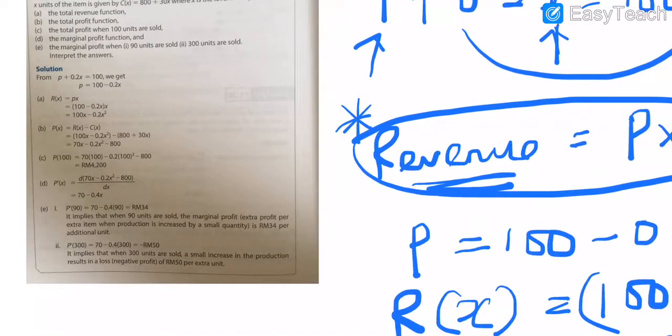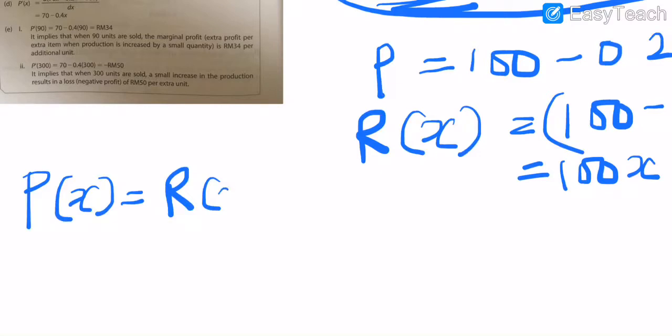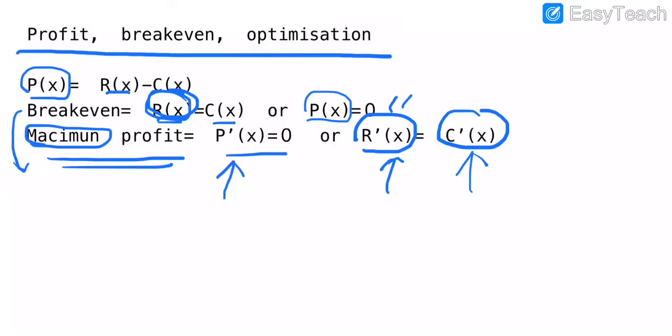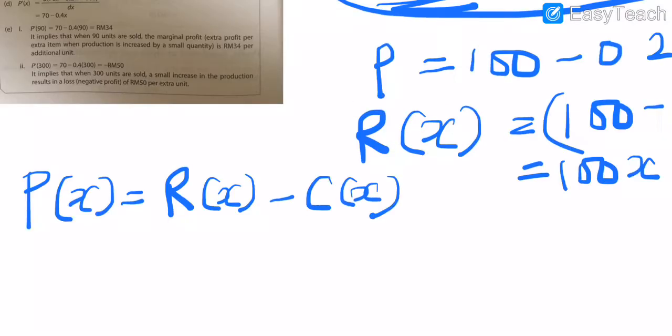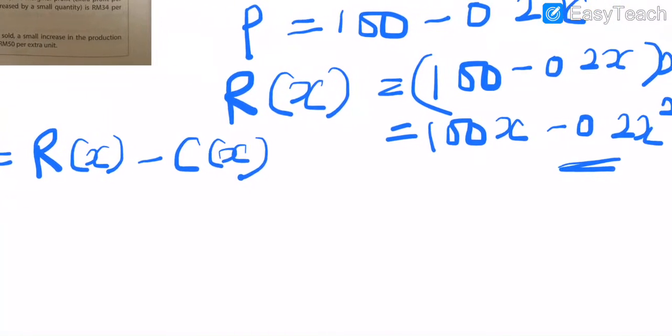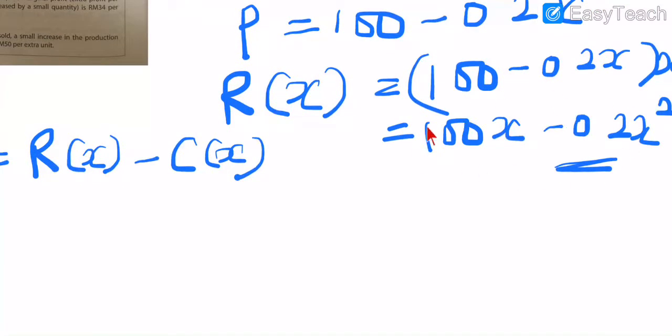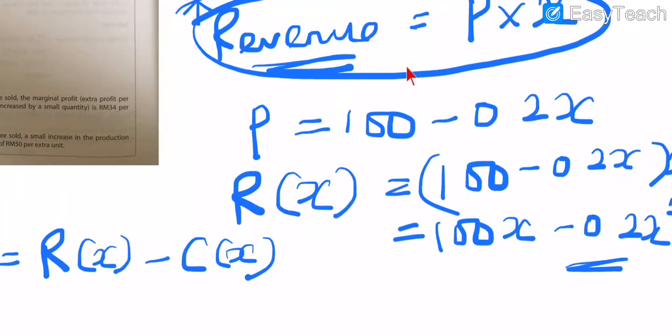Then the second one is the total profit function. As I mentioned just now, the profit function is the revenue function minus the cost function. This formula you have to remember.